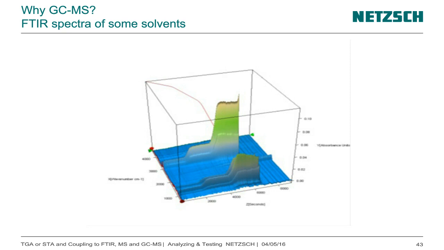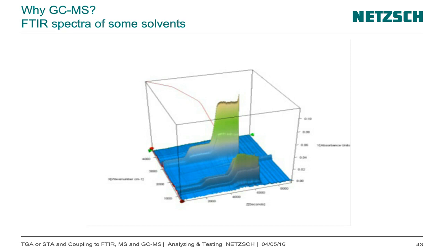One comment here: this is also one possibility to calibrate your gas analyzer. So well known, if you know the amount of sample which is evolved and it's constant, then you can also calibrate your gas analyzer.